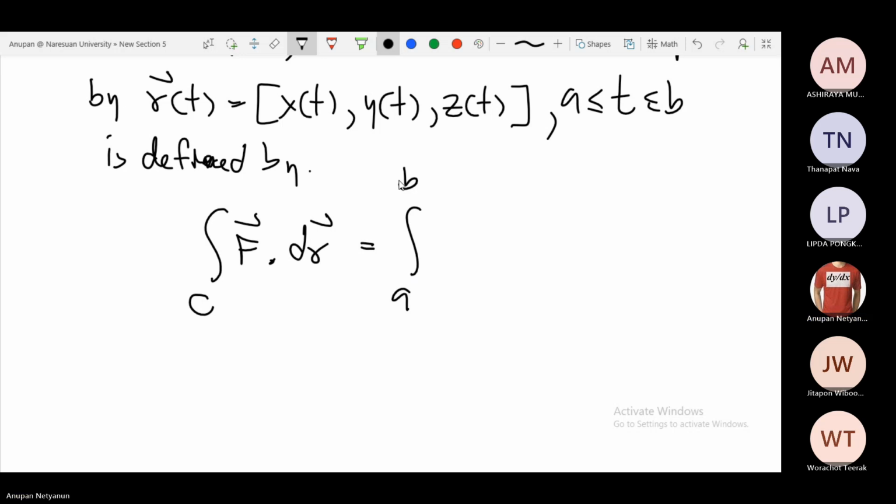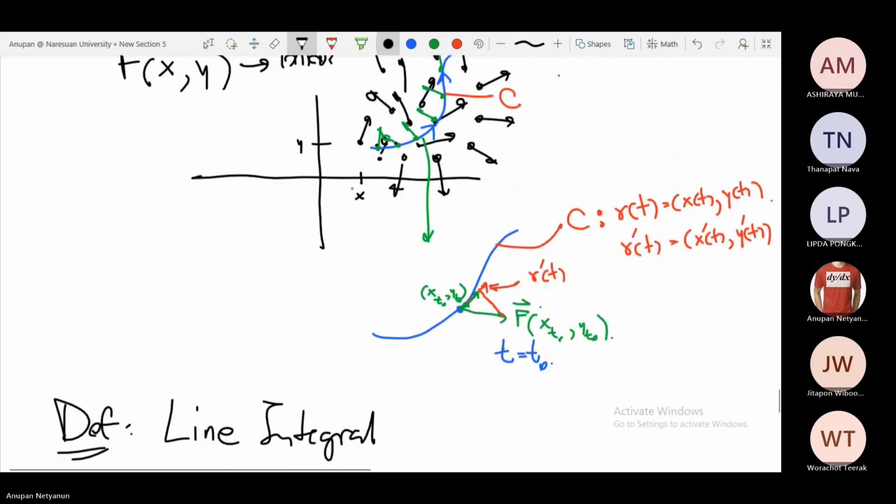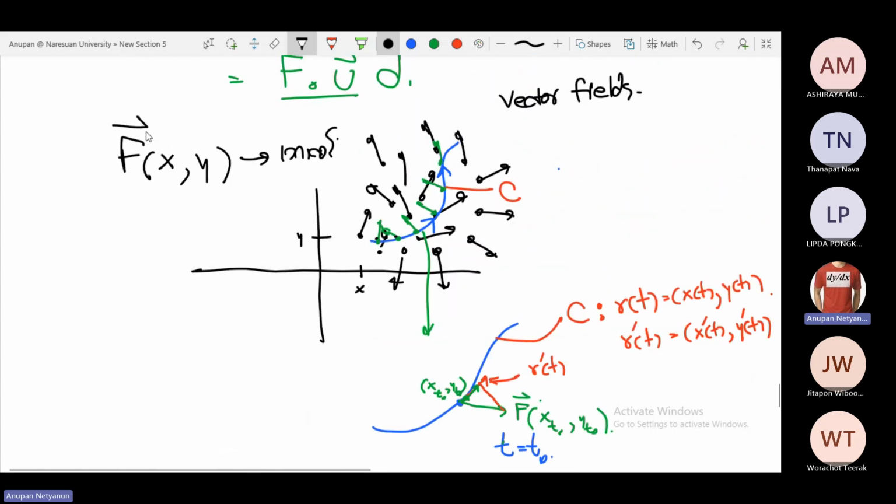Now, as I said, we're looking at f, which is the vector, on this curve here. And this curve depends on t, right?